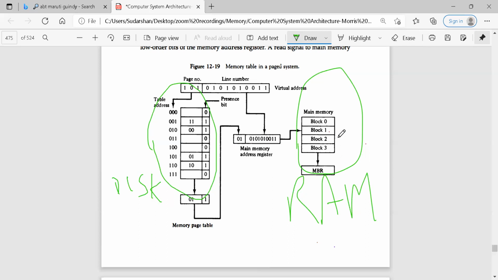What is the RAM capacity? It is 4 KB. And what is the block size? Each block is equivalent to 1 kilobyte.